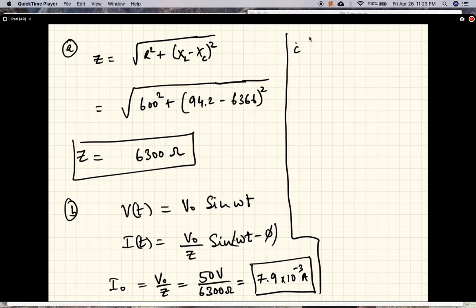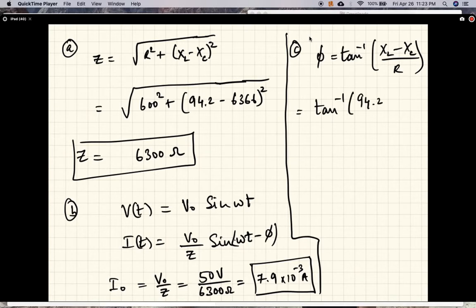And I guess we have enough room to do part C: what is the phase angle between the EMF and the current? The phase angle is given by tan inverse of XL minus XC divided by R, which is tan inverse of 94.2 minus 6,366 divided by 600. Alright, let's do this.